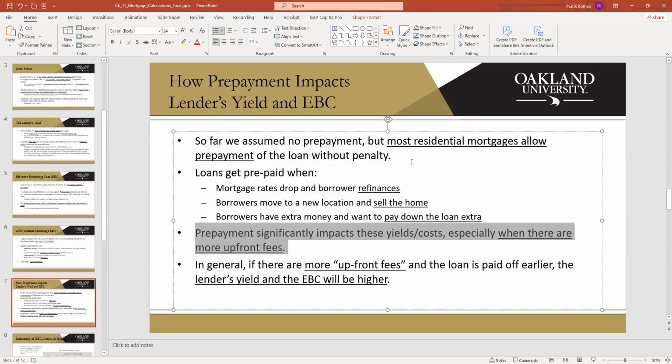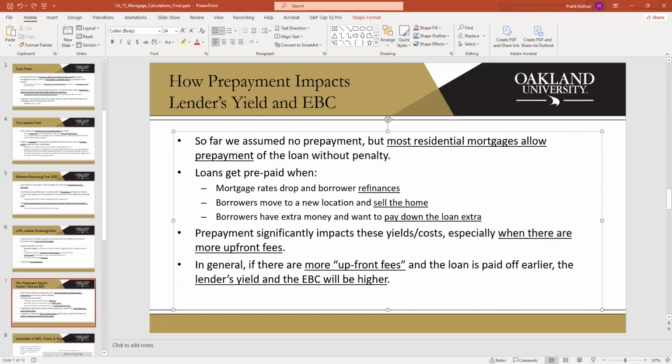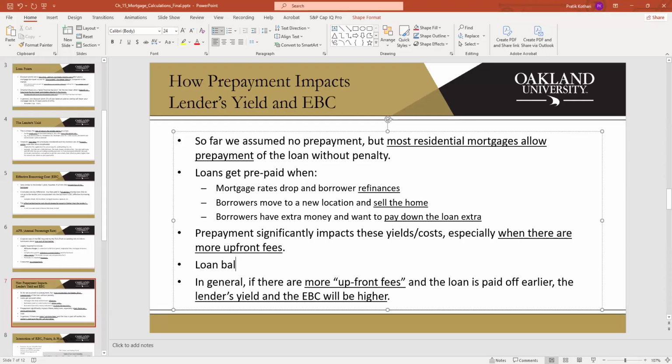Okay. So this prepayment significantly impacts the yields that we have discussed so far, and even more so when there are more upfront fees. Think about it this way. If you are buying points, which are the upfront fees, right? Let's say your loan balance is 500K.